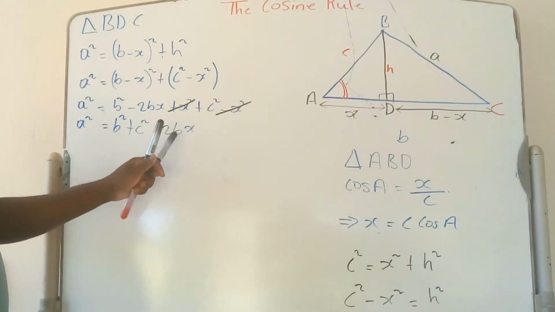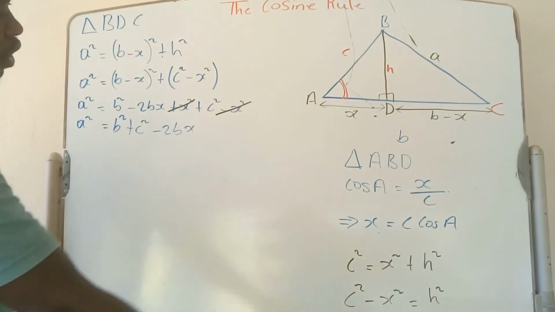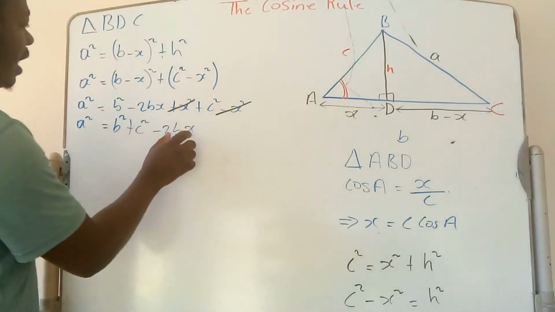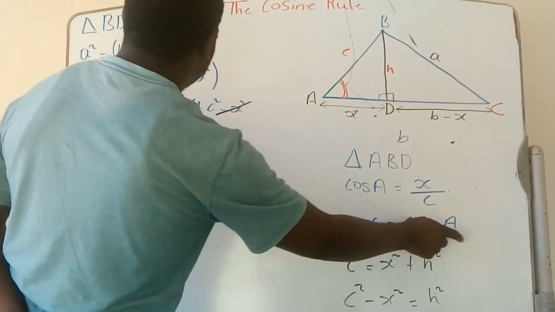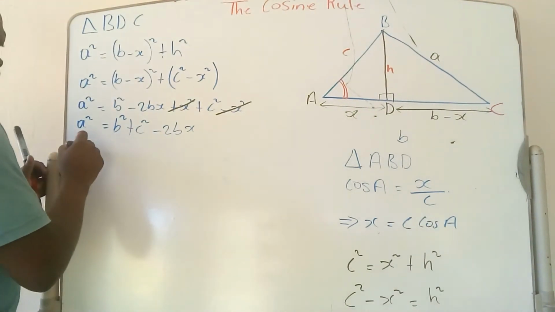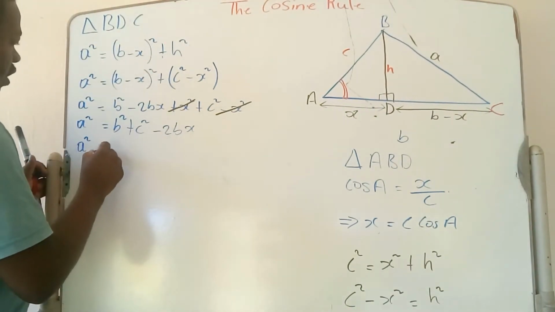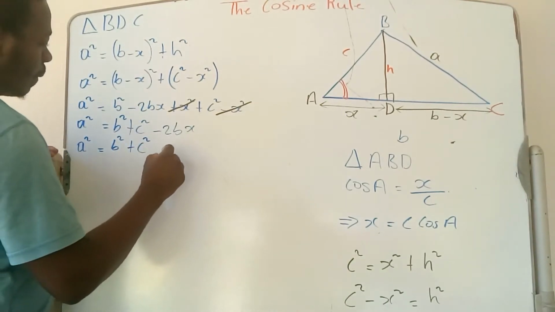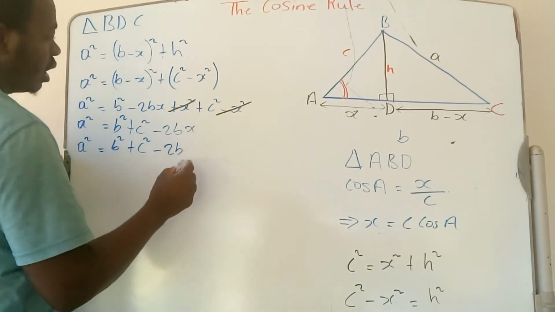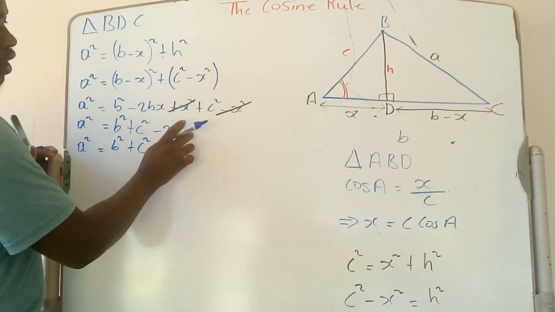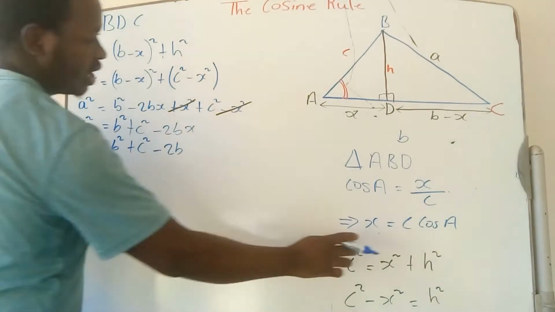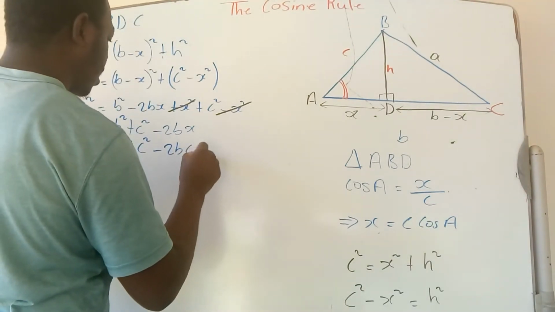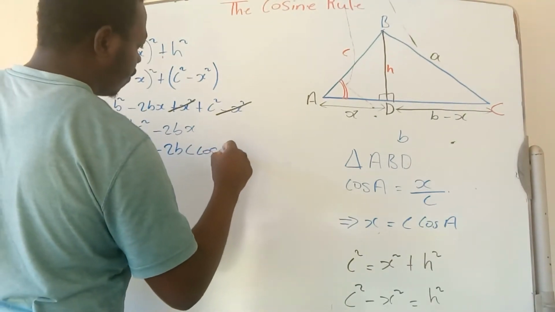Here I have an x here. But what is x? Over here we know that x is equal to c cos a. So I can replace this x here with c cos a. So therefore a squared is equal to b squared plus c squared minus 2b. Instead of writing x here, I'm going to replace it with the value of x, and x is c cos a. So this is c cos of a.